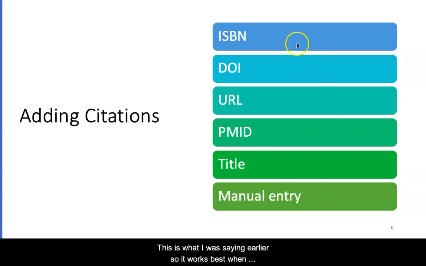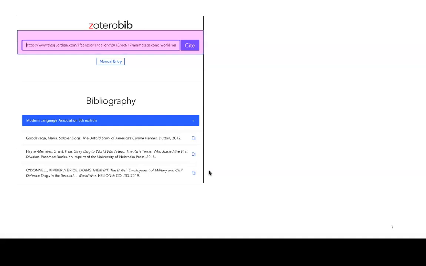This is what I was saying earlier. It works best when you are adding items by these identifying numbers, but you certainly can add it manually or an item by title. So here's an example. I'm adding an item by the URL. This is, I believe, a set of images that I found at The Guardian.